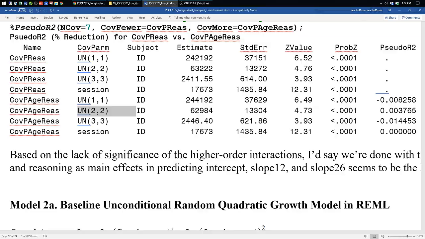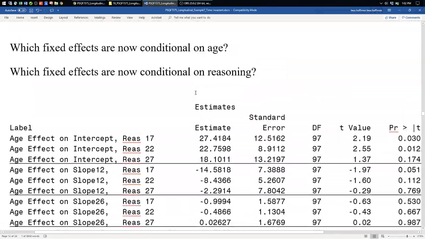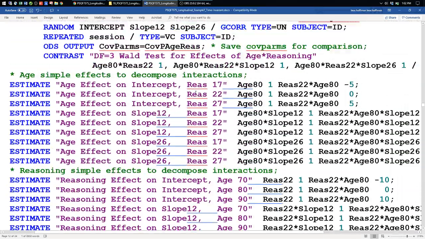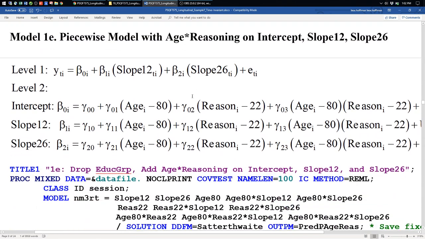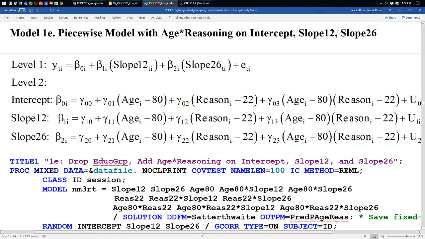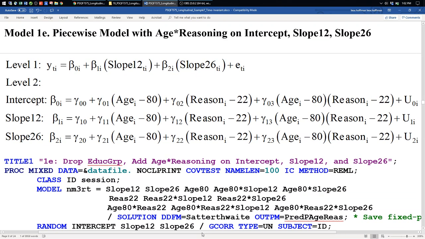Everything is nice and orderly whenever you're in a situation like this, where each level 1 effect has a corresponding random variance. If there's a U at the end of the line, anything that goes in the line explains that U. It's very straightforward. But what would happen if, say, slope 2, 6 was fixed and that U wasn't there?